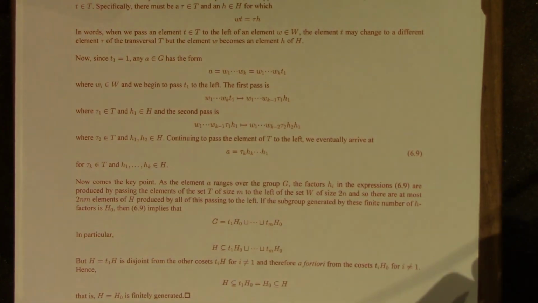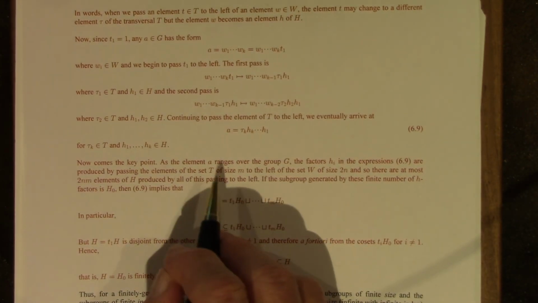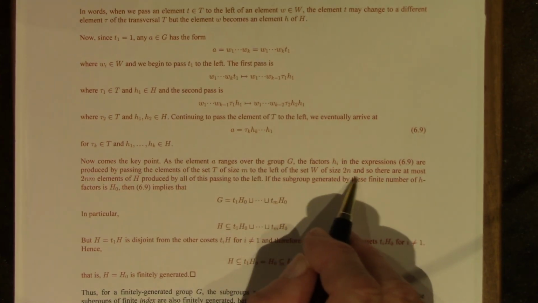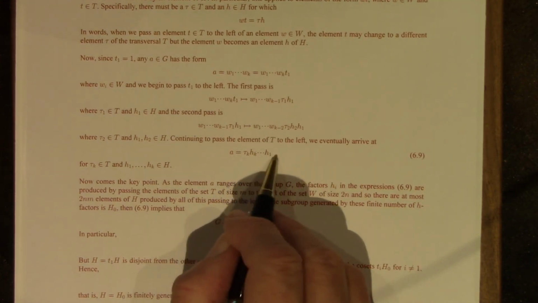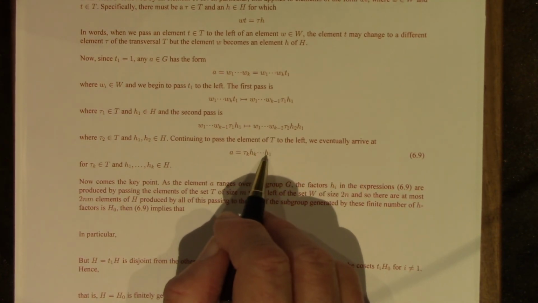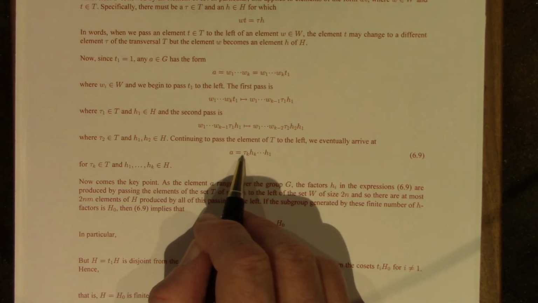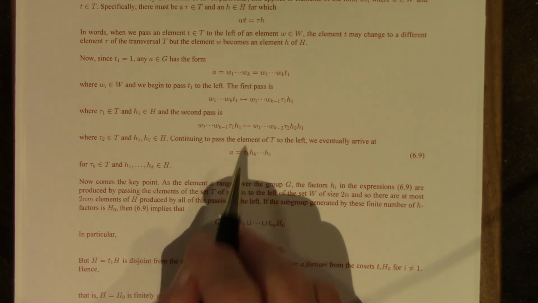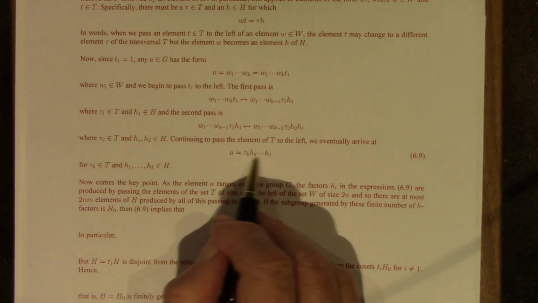So that means that we can be a little more specific. T has size M, W has size 2n, so the number of little h's that are produced by this process when we do it for all the elements of G is at most 2nm. We get at most 2nm of these h's.